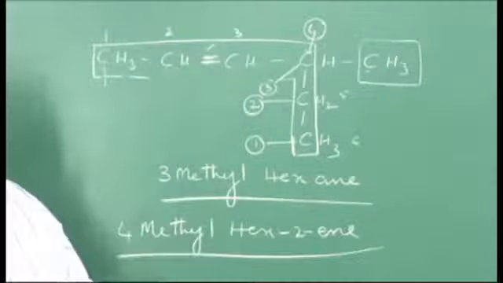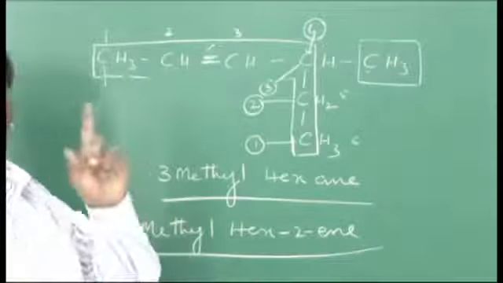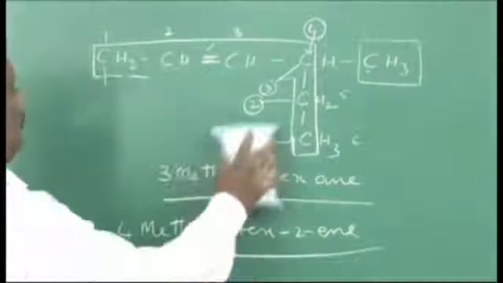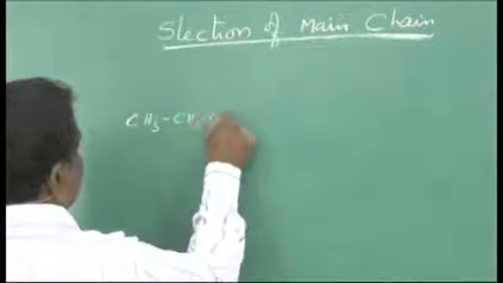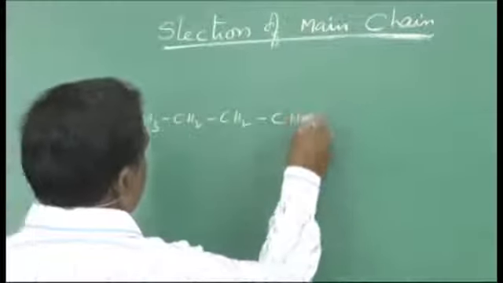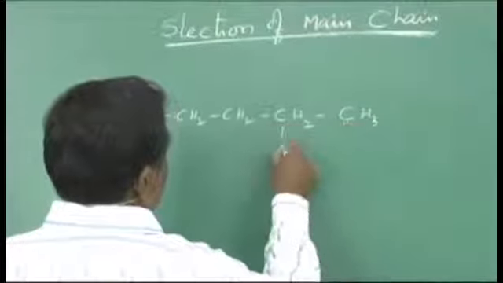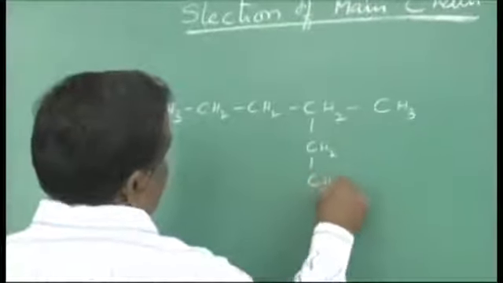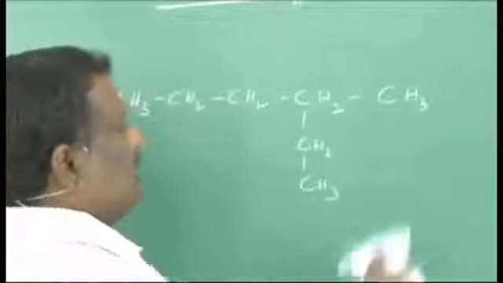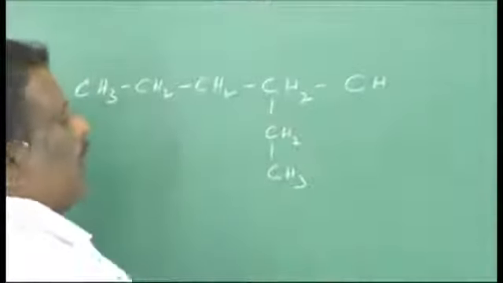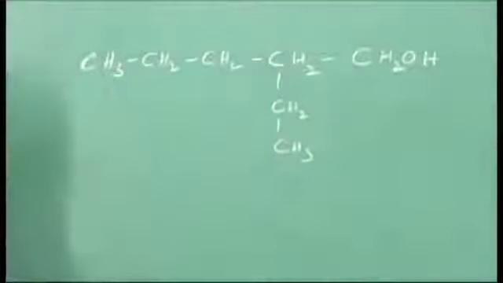Another important rule is that the main chain should contain the functional group even though it has a smaller number of carbon atoms. For example, we are going to take the same compound. This was the same compound which I took previously. Now the only change I am going to make is, in place of this hydrogen, I am adding an OH group.